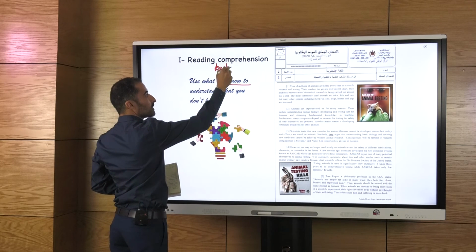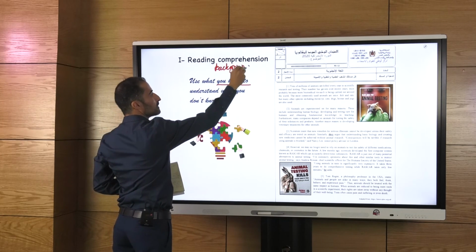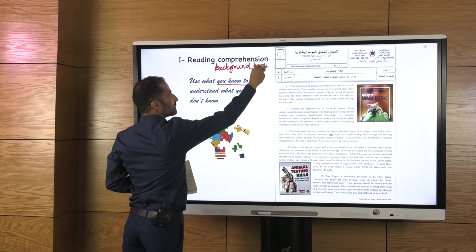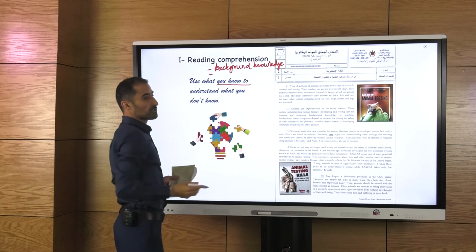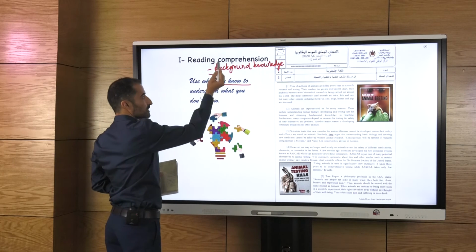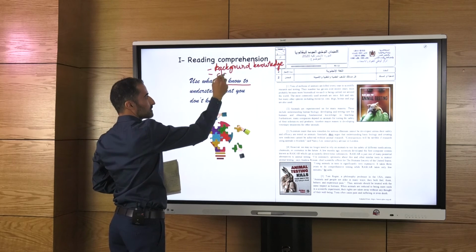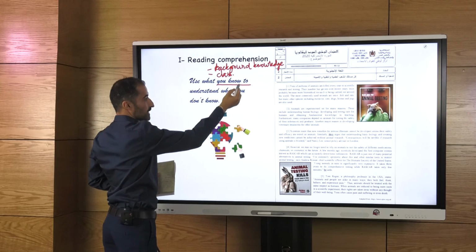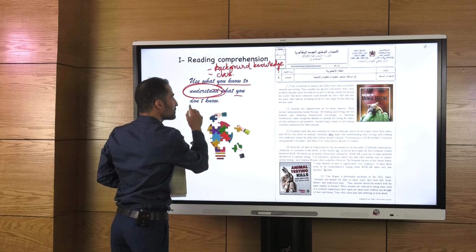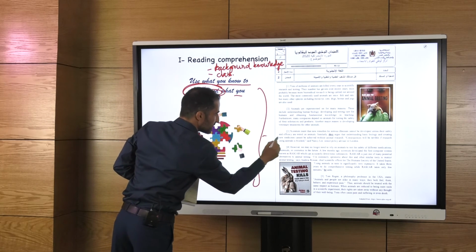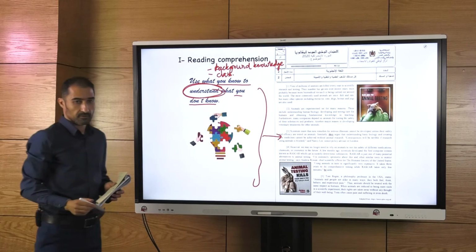Try to use your background knowledge, information that you got in classes, all the things that you know in order to understand the things that you don't know in the text.